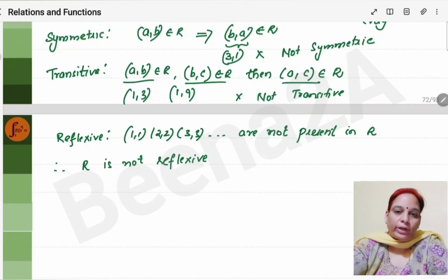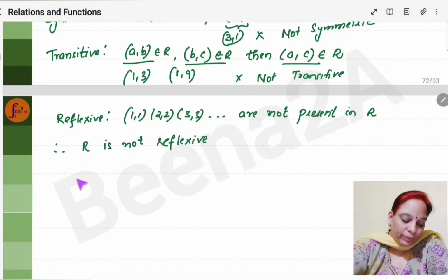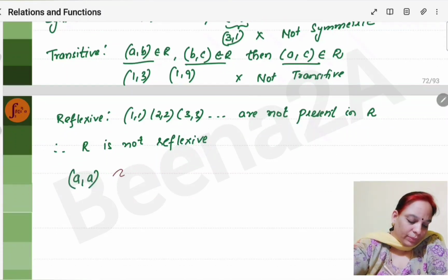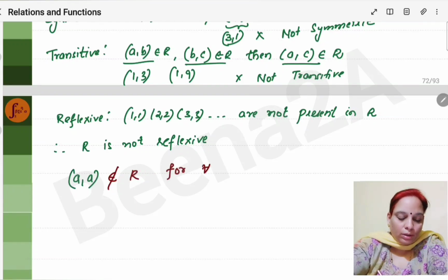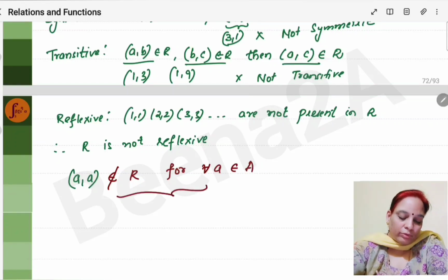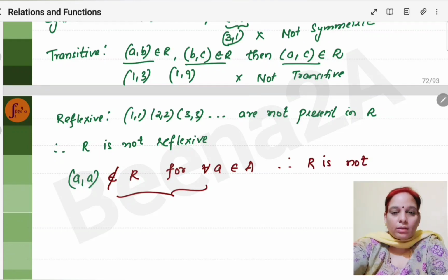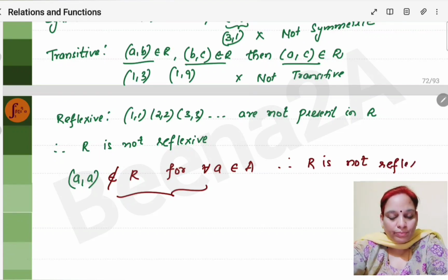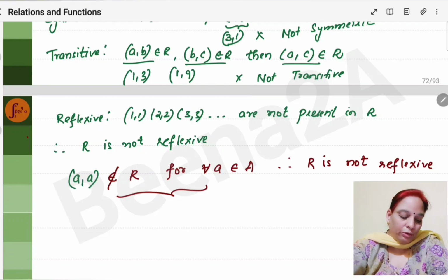This is one way of writing. The other way of writing is A comma A does not belong to R for all A belonging to set A. This is another way of writing. Therefore, R is not reflexive. Right? You can either write it this way or this way.